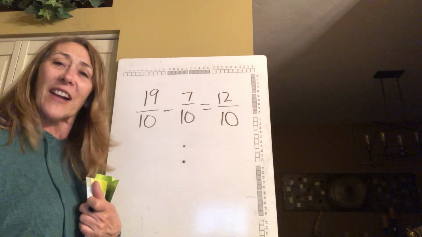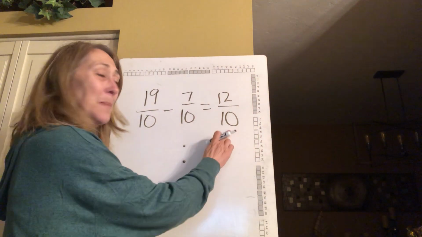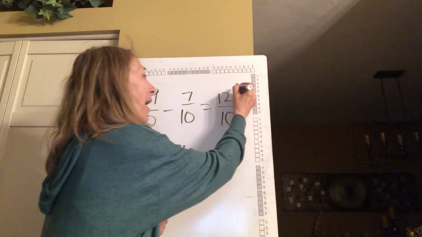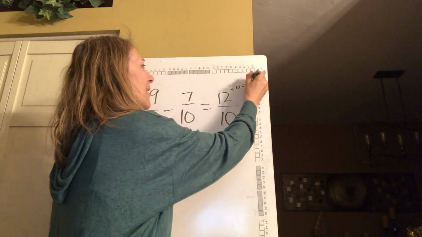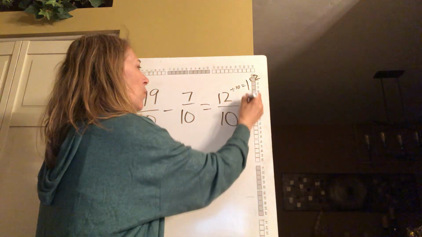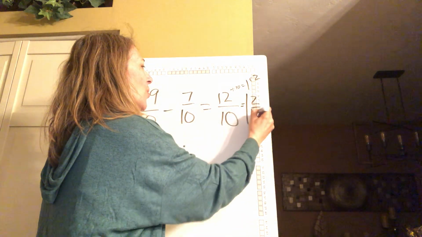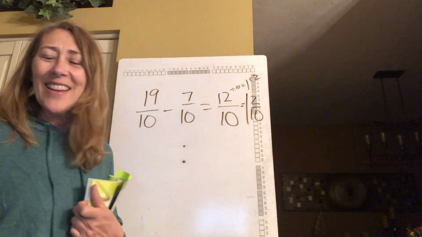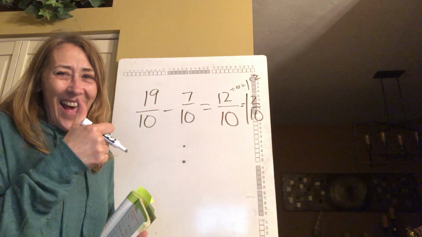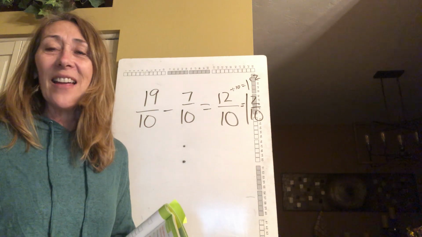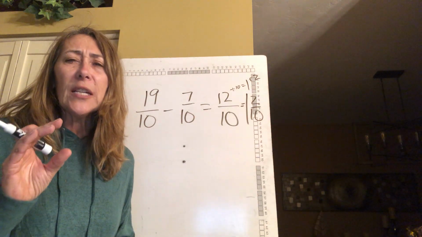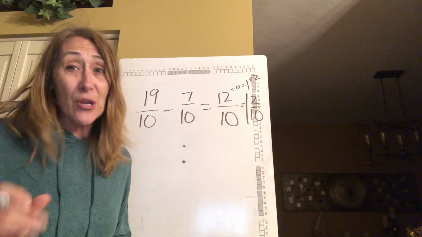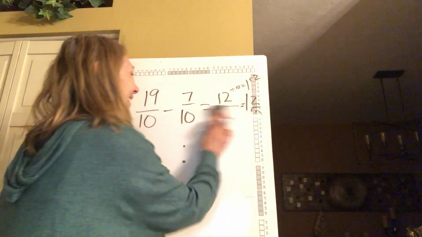You're right, it's a fraction greater than a whole. 10 pieces to make a whole, I have 12. 12 divided by 10, there's 1 10 in there, and there's 2 left, equals 1 whole and 2 tenths. So if you got those right, awesome job, you're following along. Now we're gonna try something that's a little bit harder, so really, really focus on this, but I know you guys can do it.